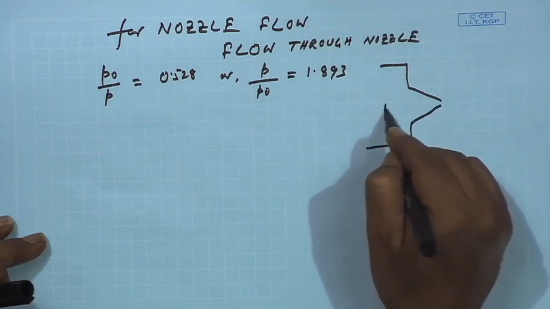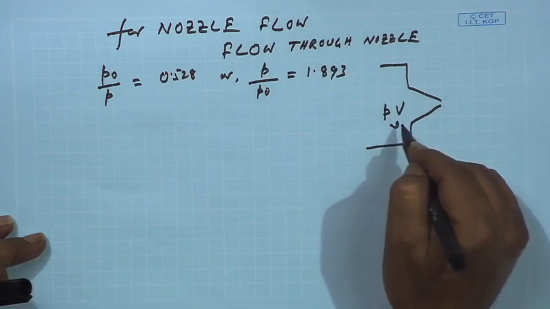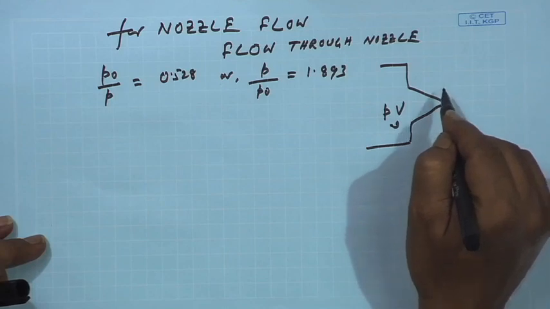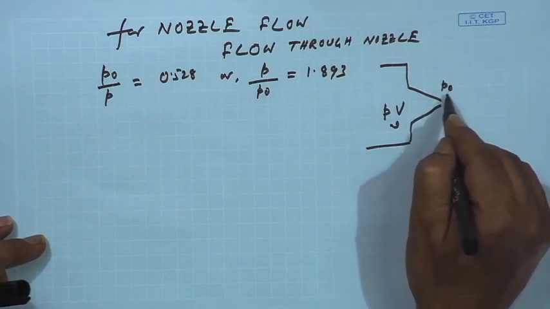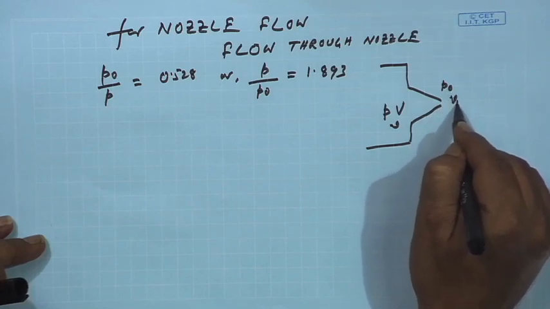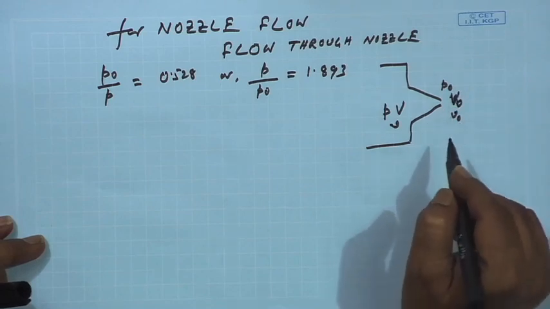And here the pressure was P, specific volume was V, small velocity was small v, and there at the tip the pressure was P0, specific volume was V0, and velocity was V0, right?